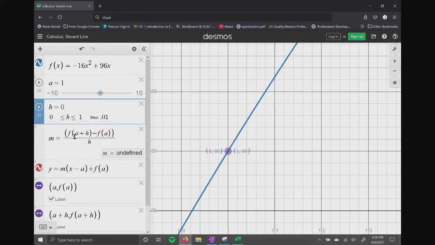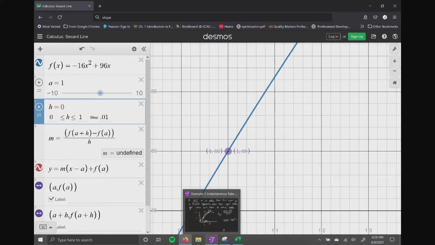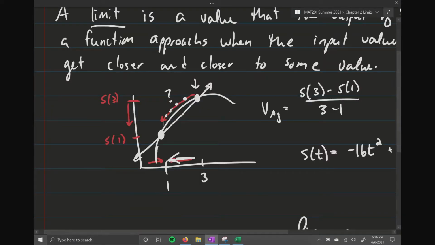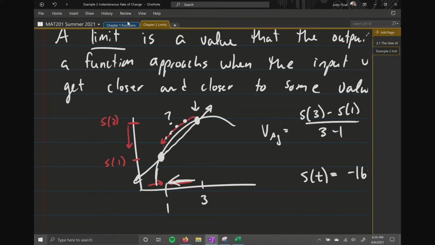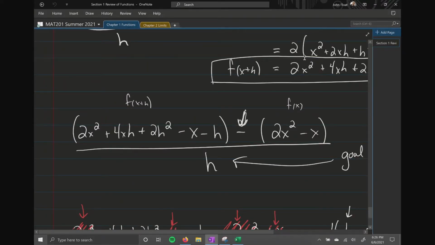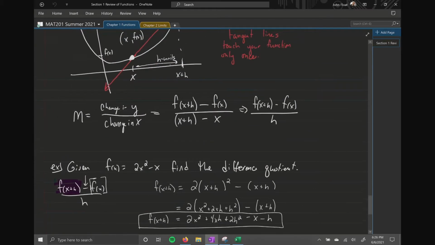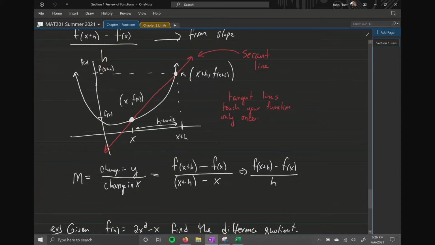If you think about that, remember the difference quotient, and I can go back to the previous one. Let me go back over here. Let's review the difference quotient real quick. That's going to be in chapter 1. Right here. Our difference quotient is nothing more than the slope of the secant line.